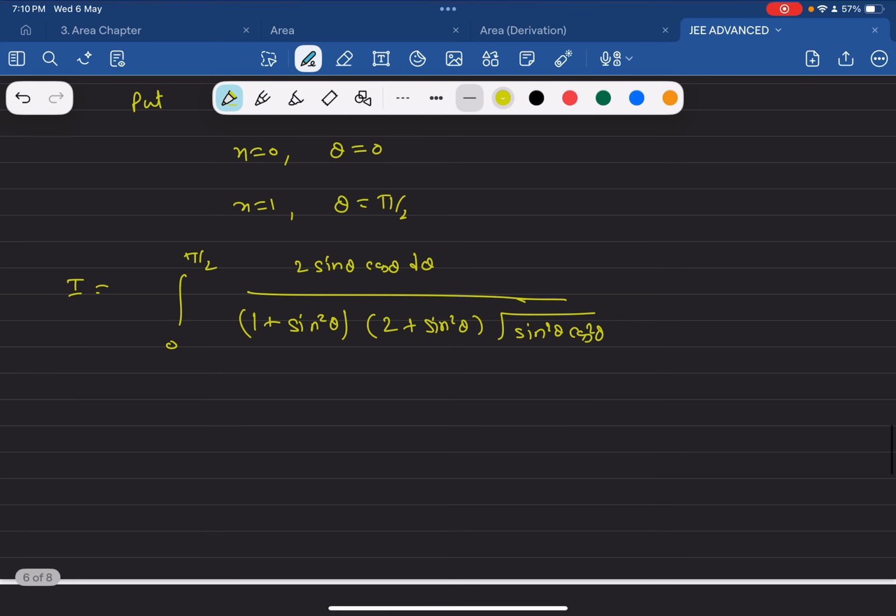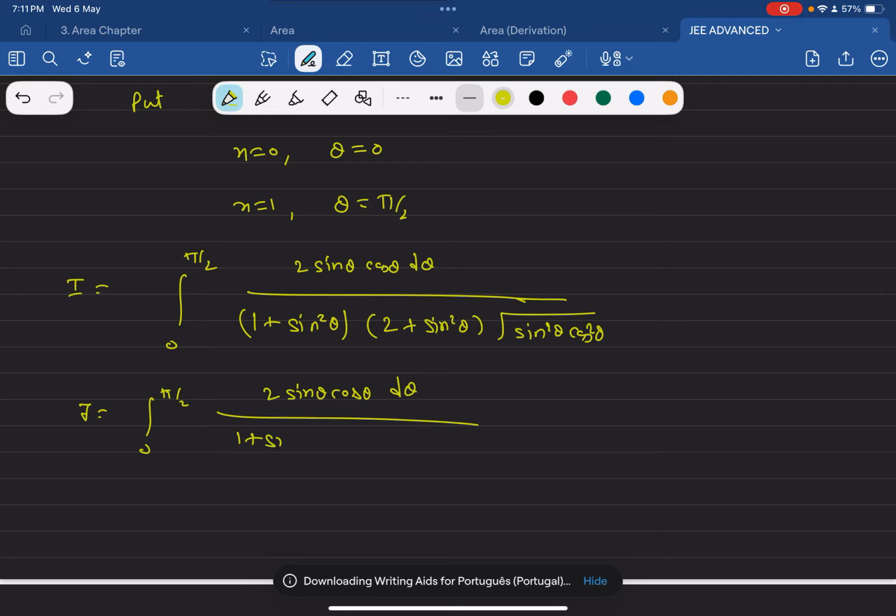So this will become sine theta into cos theta. Correct? Now this sine theta and cos theta will cancel out.